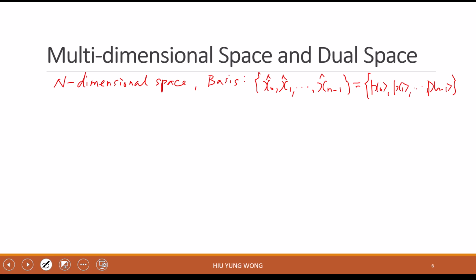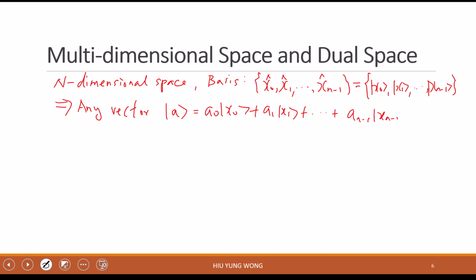Then we say in this space, if you give me any vector in this space, let's say A, I can write it as A0 X0 plus A1 X1, all the way to An-1 Xn-1.